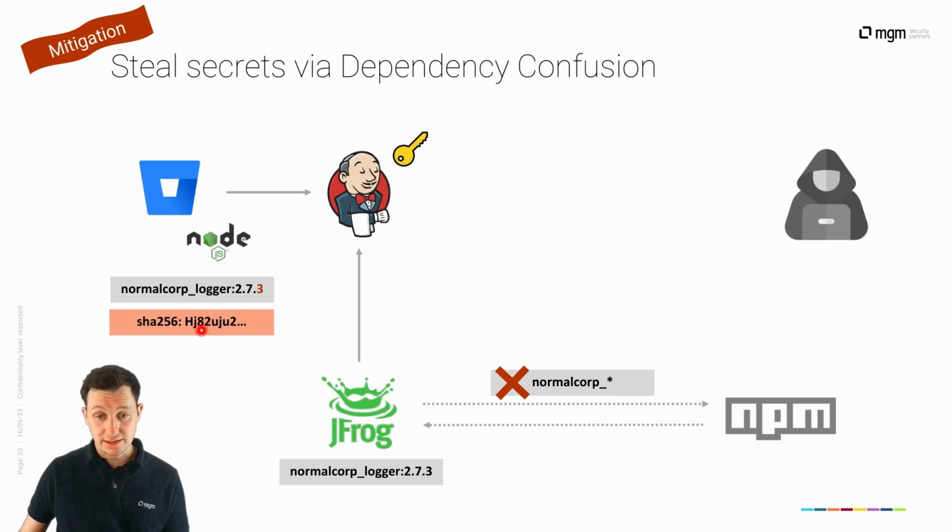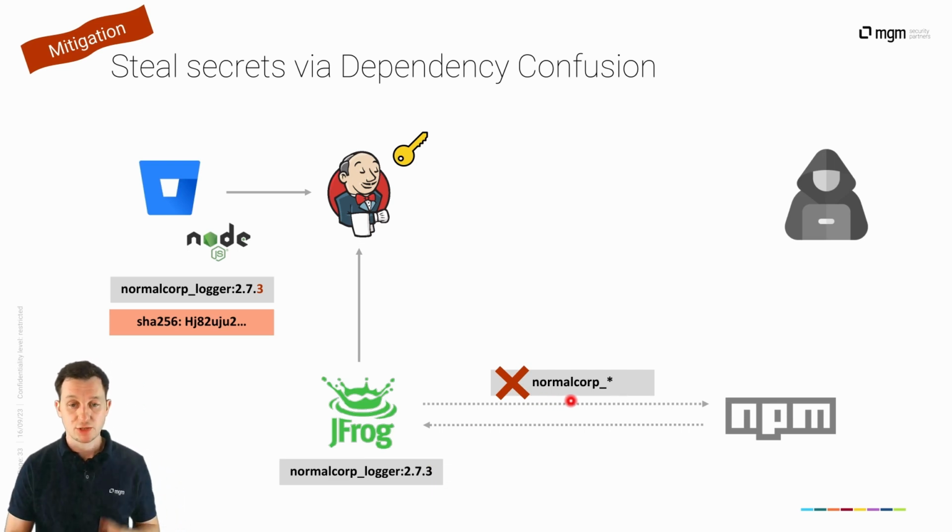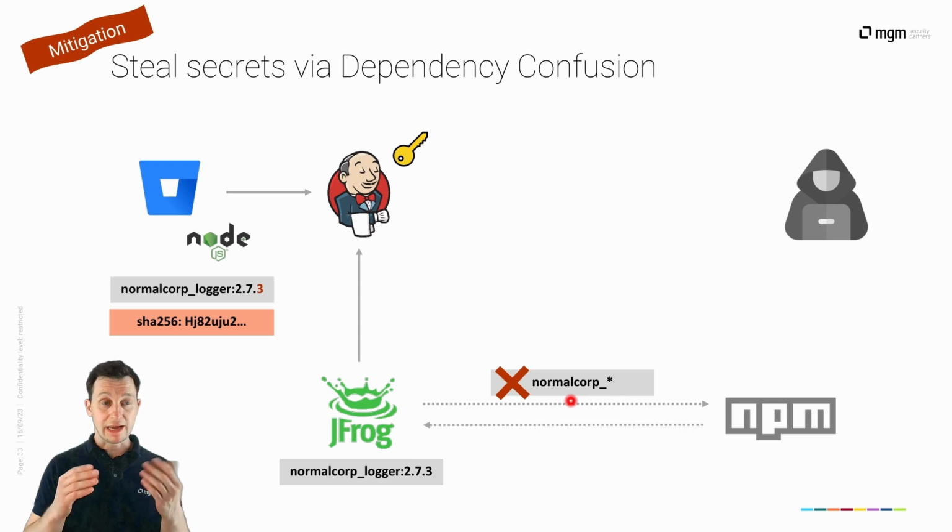Another thing that I already covered is that we should configure our Artifactory or repository managers in a secure way. In a secure way means that we define all the patterns that we would like to use in our company, to make sure that these packages, Docker containers, whatever, are local only, and we will never fetch them from the internet.